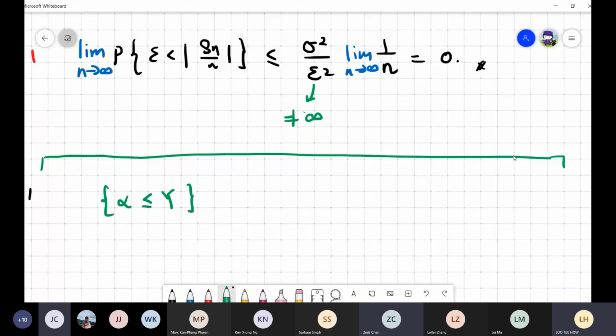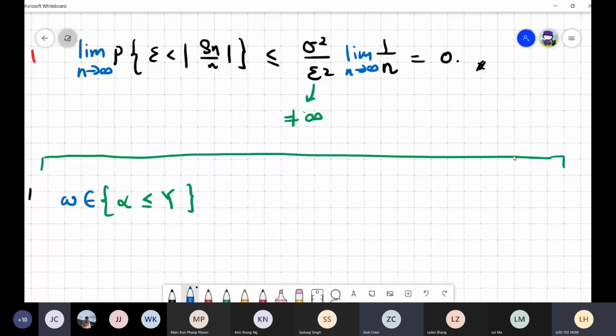I think it's understood, right? Here alpha is just a constant scalar, and Y is a random variable. I think we all agree with this. So what's the meaning of this event? Supposing we have an outcome omega that belongs to here, what does it mean?